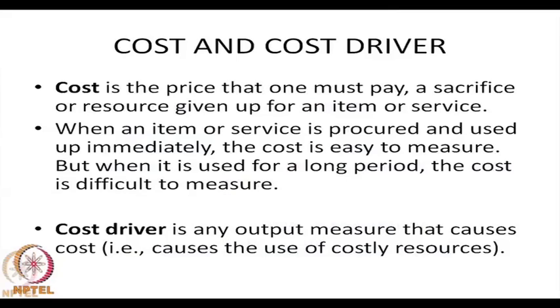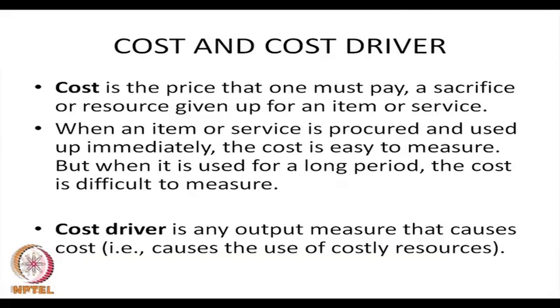Cost is basically the price that one must pay, a sacrifice or a resource given up for an item or service. So, this is something that one sacrifices in lieu of an item or a service.